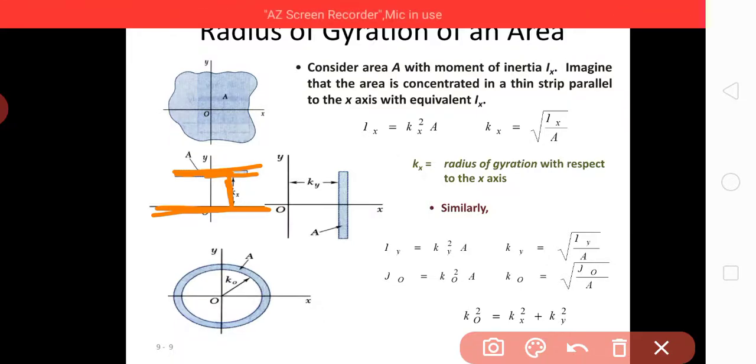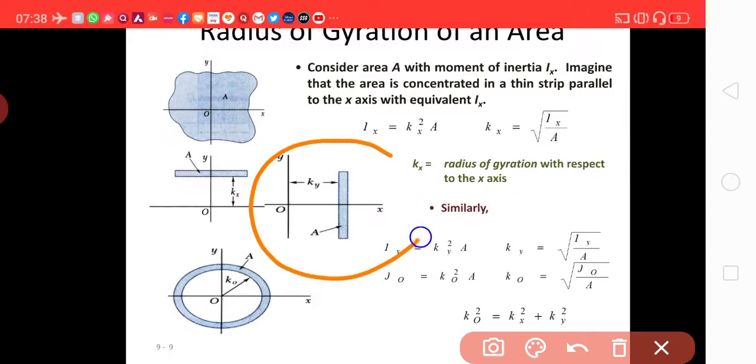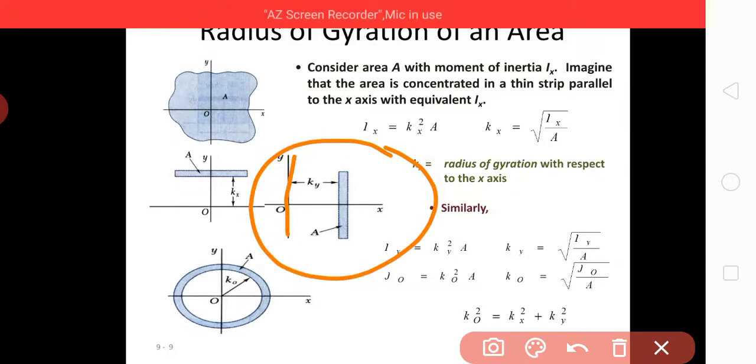Again, take another case, this one. This is the y-axis. The moment of inertia about this axis was Iy, and you reduce this area to a strip here, which is ky away from the y-axis.